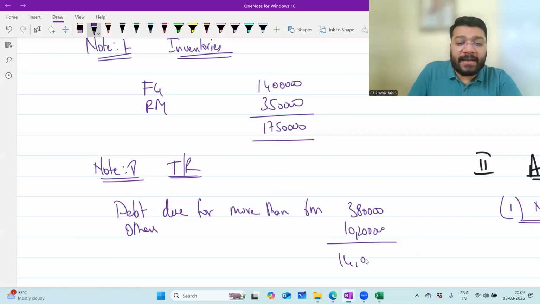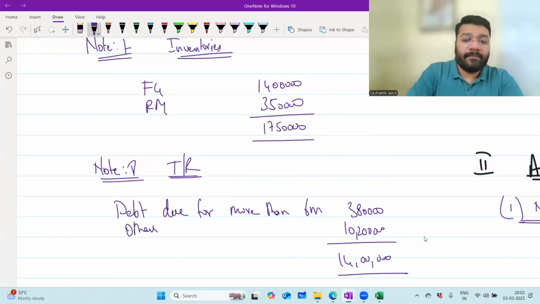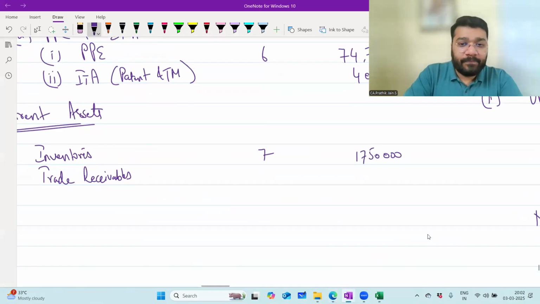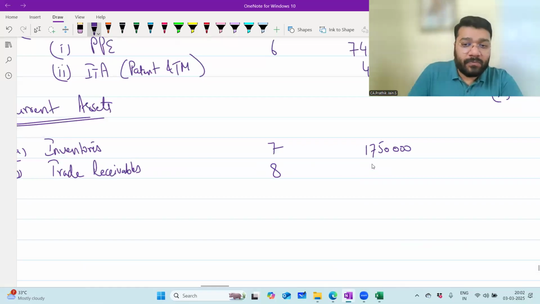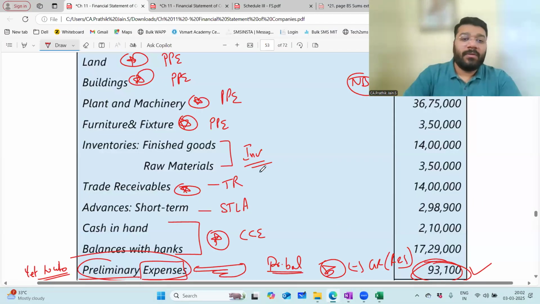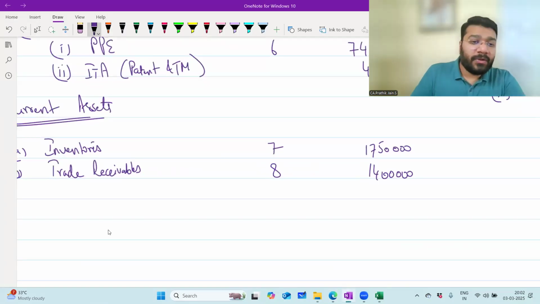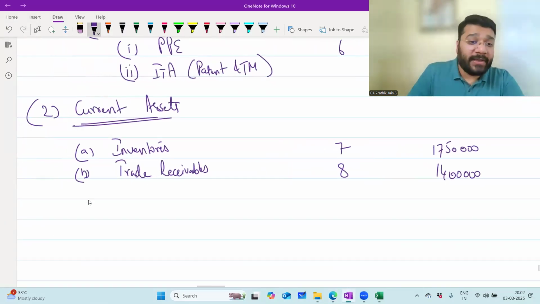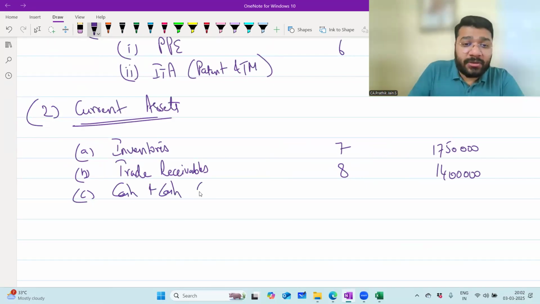So total is 14 lakhs. Then short-term loans and advances, cash and cash equivalents. Note number 9.